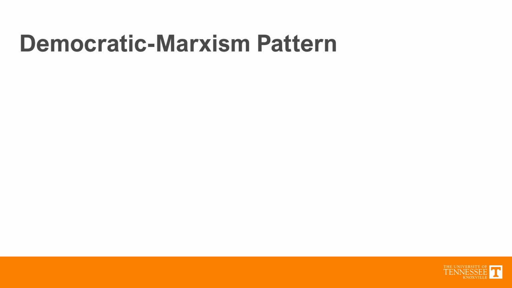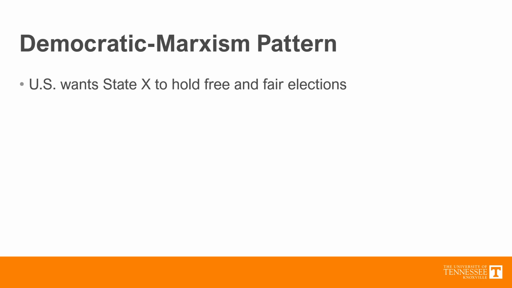So within this phase of United States foreign policy, we have this pattern: the U.S. wants State X to hold free and fair elections. State X elects Marxist leadership. Marxist just means communist or socialist. And honestly, they don't even really need to elect the leadership.